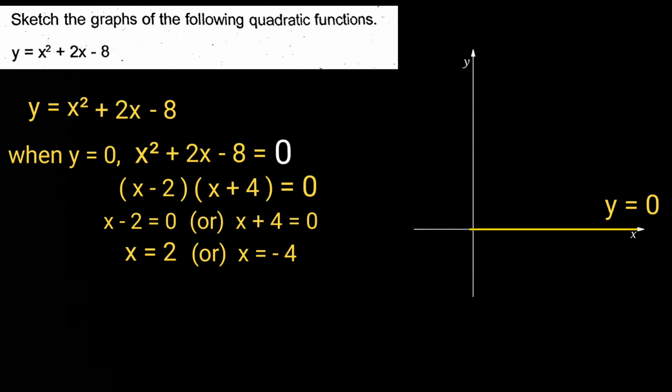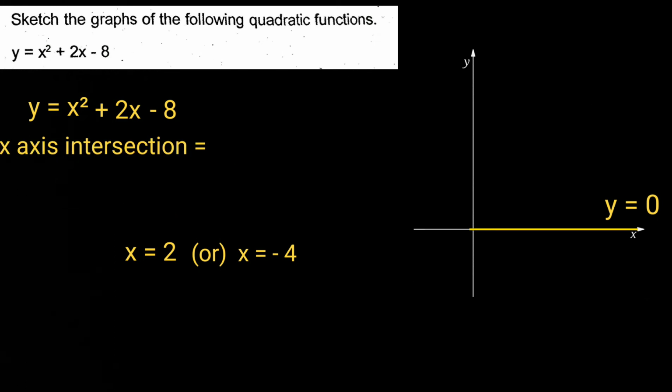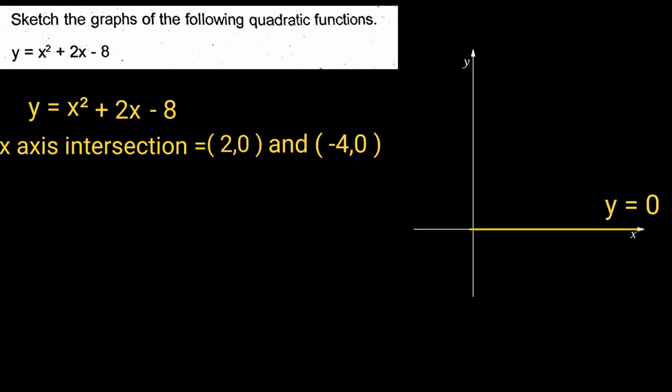Because we know that these x values are on the x-axis, we can immediately conclude that their corresponding y values are also 0, so the coordinates of intersections are (2, 0) and (minus 4, 0).